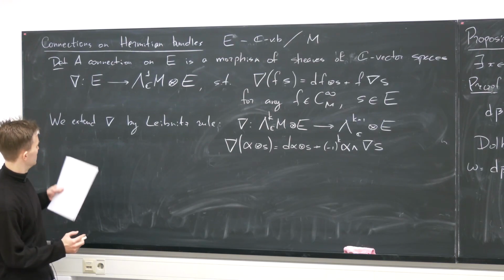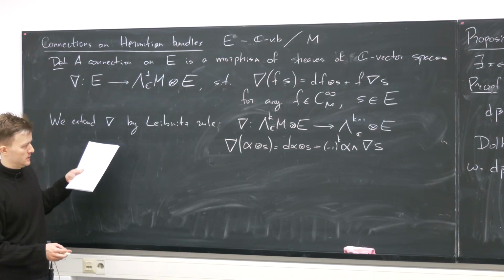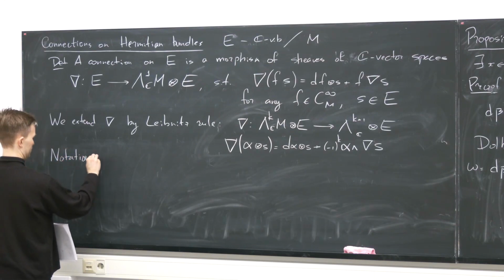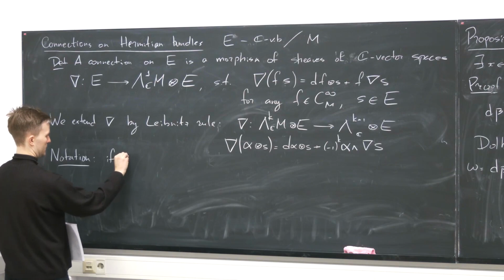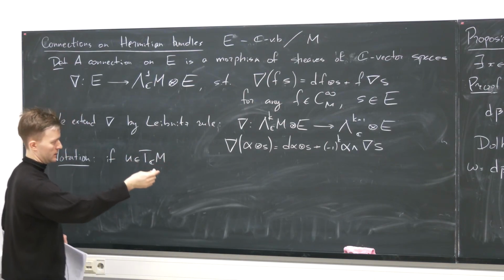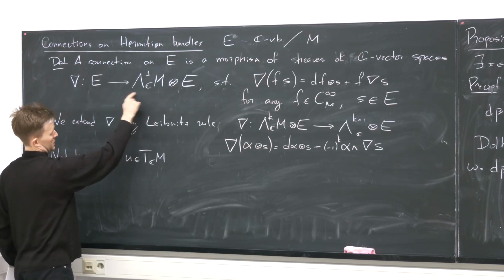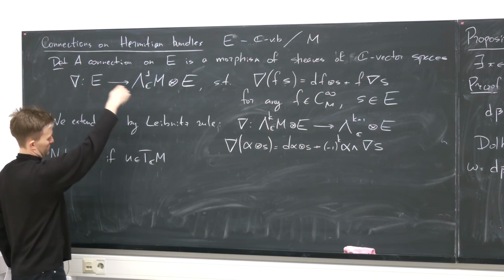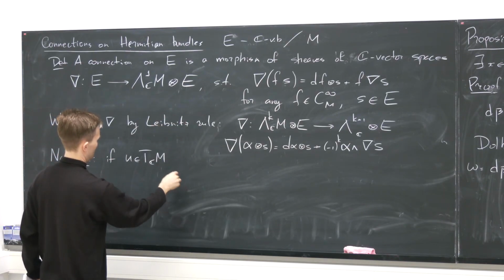So the notation for this nabla, I will usually write as follows. Notation: if I have a tangent vector u, then I can take this one form and substitute this tangent vector into the result of the action of nabla.